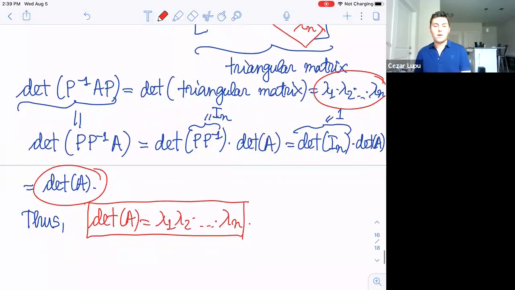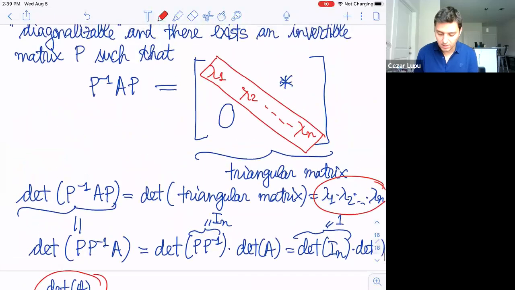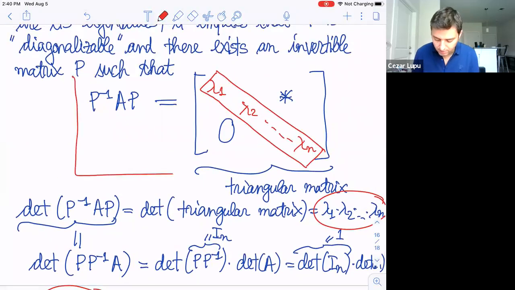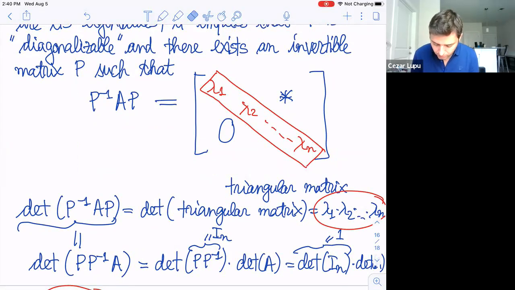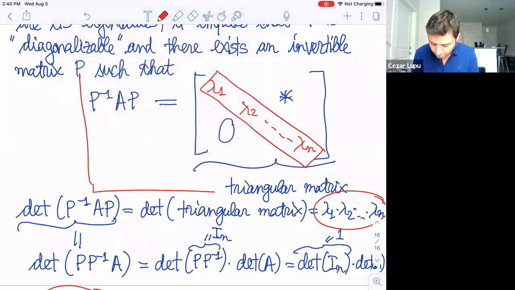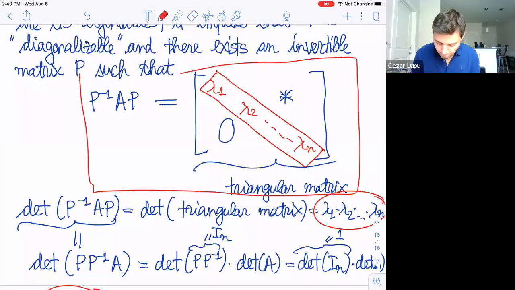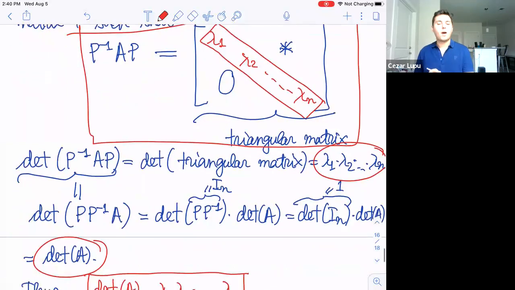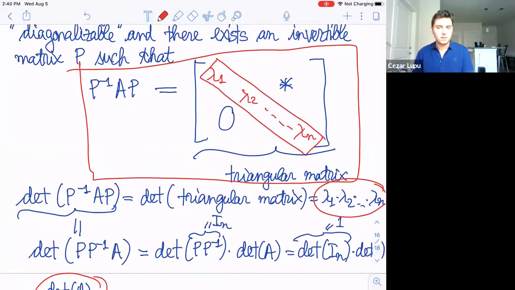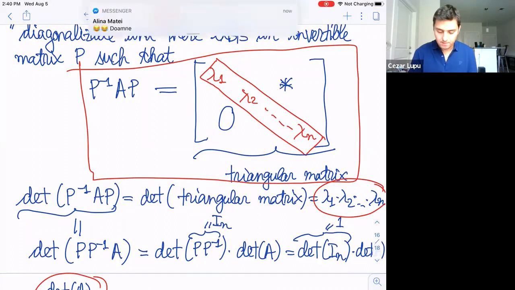Okay, now let's see for the trace. For the trace it is the same thing. Let's look again at this matrix. That's the only thing you need to look at, this right here. And now, since we applied the determinant, now we apply the trace.